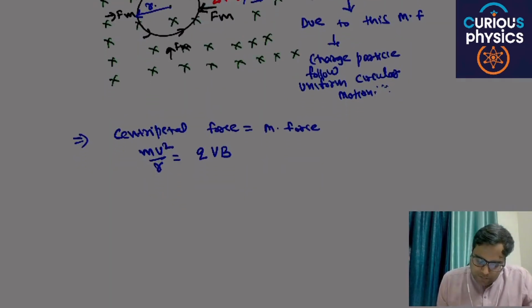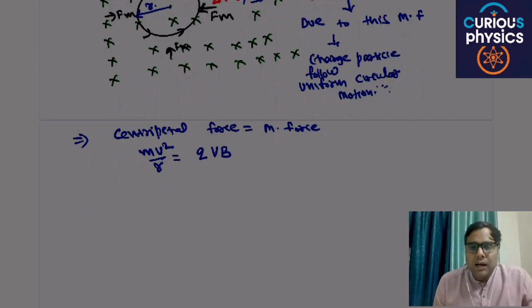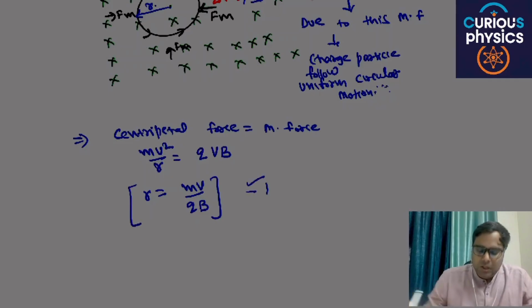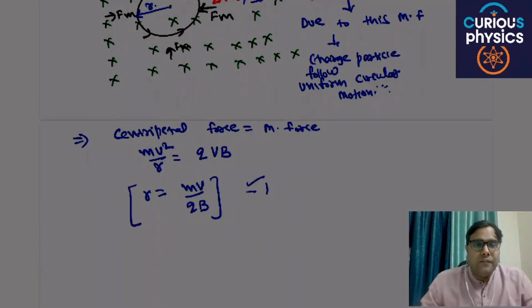So mv square by r equals qvB. So what will be the value of the radius of this particular circle? V and V will cancel each other. You can say the radius is mv by qB. This is the first relation. The radius of the circle will be mv by qB. Are you able to understand my point or not?